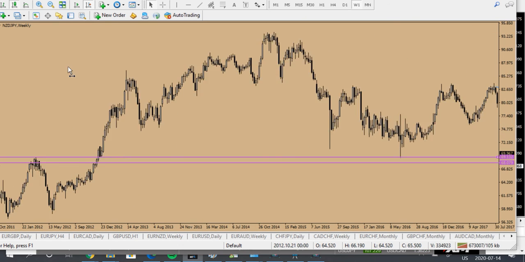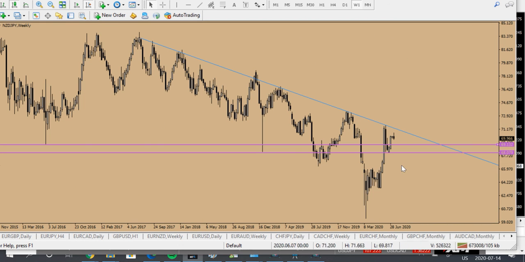But you can see this is a strong area where you should consider a buy. And this is a strong area to consider a sell. So it re-enters that support. Pay attention.